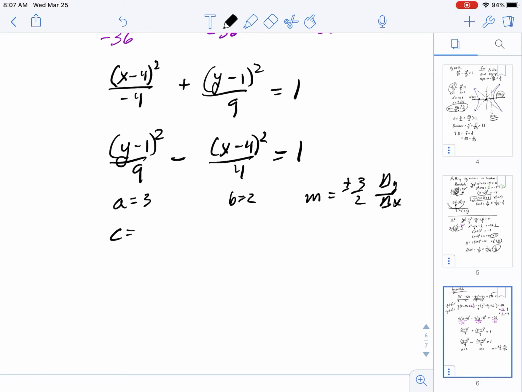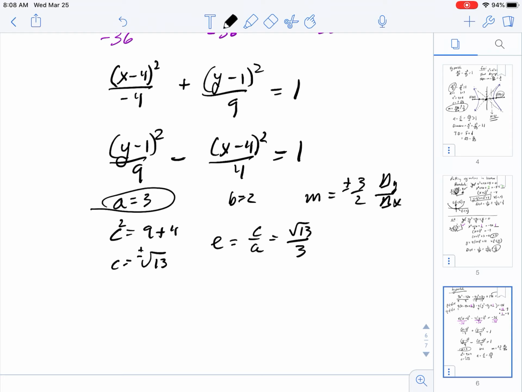My c squared equals 9 plus 4, or c equals plus or minus square root of 13. So on my eccentricity, I have square root of 13 over 3. So this is my a value, my one that's positive.